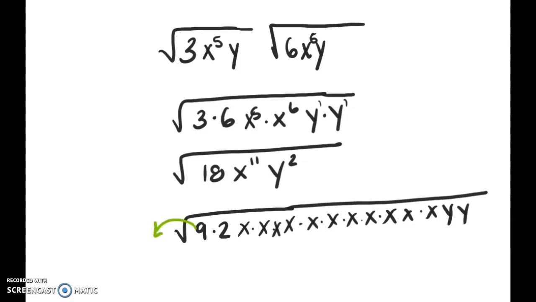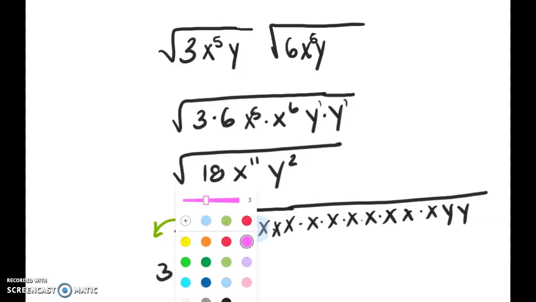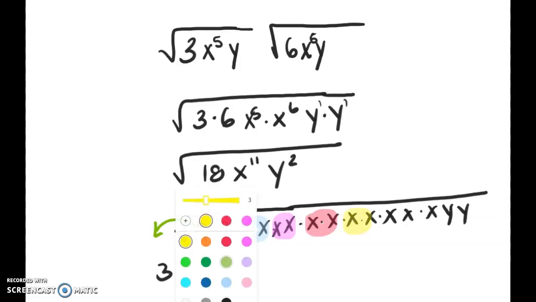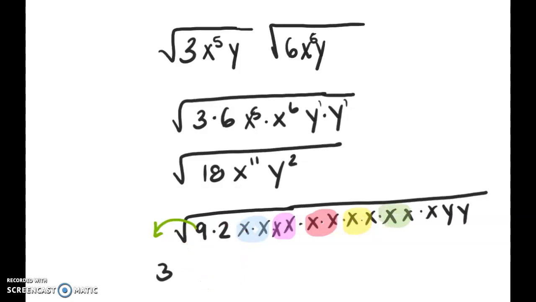It's 3 times 3, so that would be 3 up front. And then let's see if I got any pairs. I've got a pair of x's. I have another pair of x's. I have another pair of x's. So how many pairs of x's do I have? It looks like 5 of them. So those will go out front, x to the 5th.